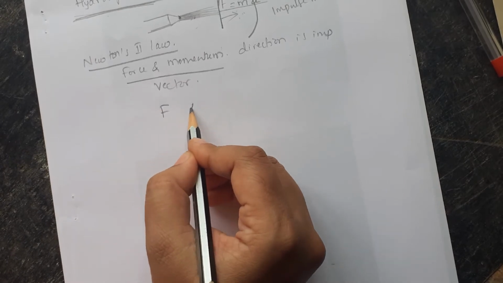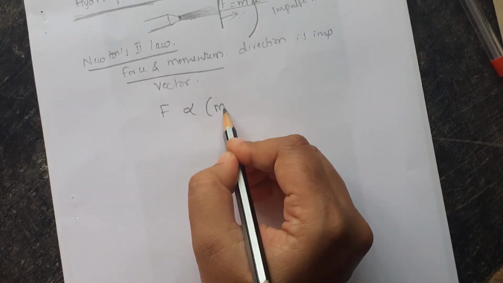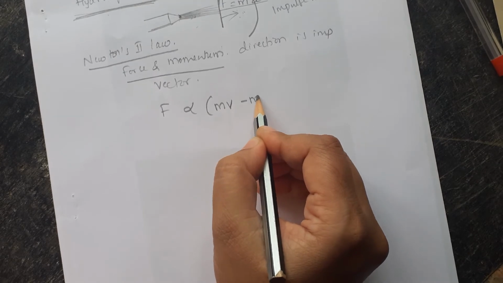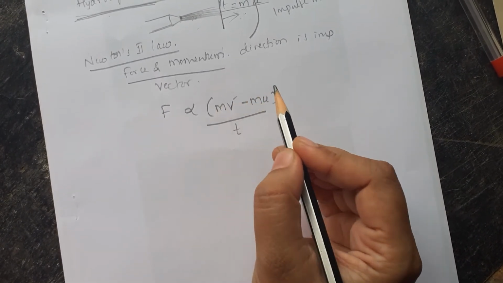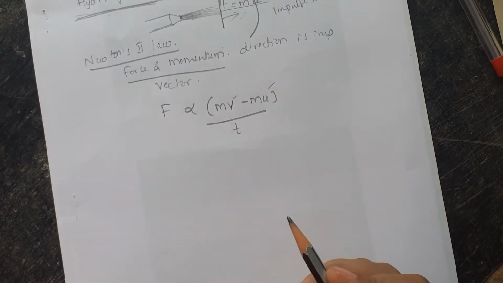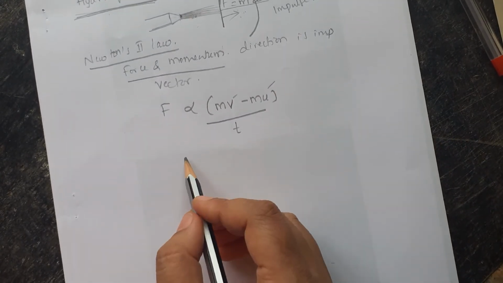So F is directly proportional to (mv minus mu) divided by t, where m is mass, v is the final velocity, u is the initial velocity, and t is the time.